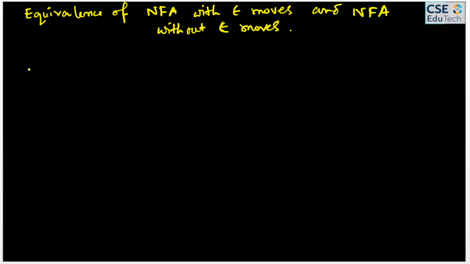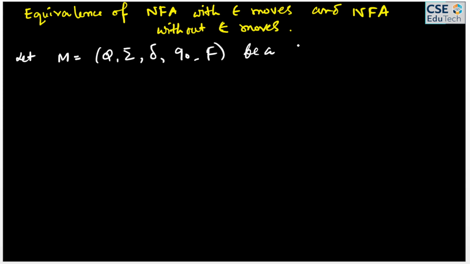So we assume let M equal to Q, sigma, del, Q naught and F be an NFA with epsilon moves.